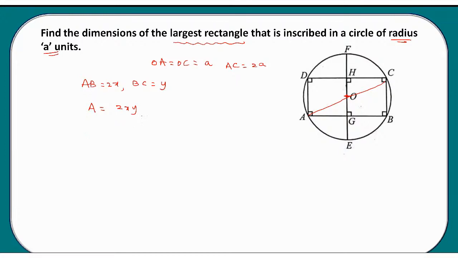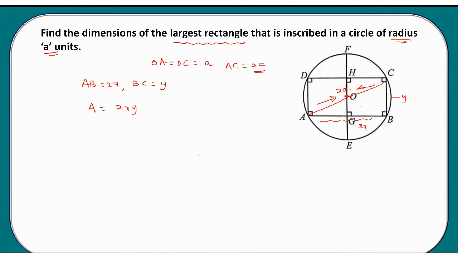There are two variables, x and y. You need to reduce it into only one variable with the help of the given information. What is the given information in this case? We found out AC equal to 2a, and AB is 2x units, and BC equal to y units.